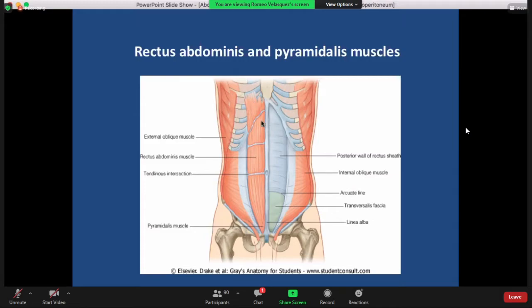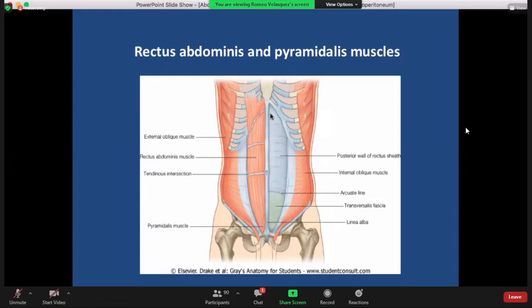This is the right rectus abdominis muscle, and of course, missing is the left rectus abdominis muscle. Just to show you the posterior rectus sheath right there. And the flank muscles, as you can see, are more lateral. You will not find the oblique muscles in the region of the recti muscles. So this region is exclusive for the recti muscles.